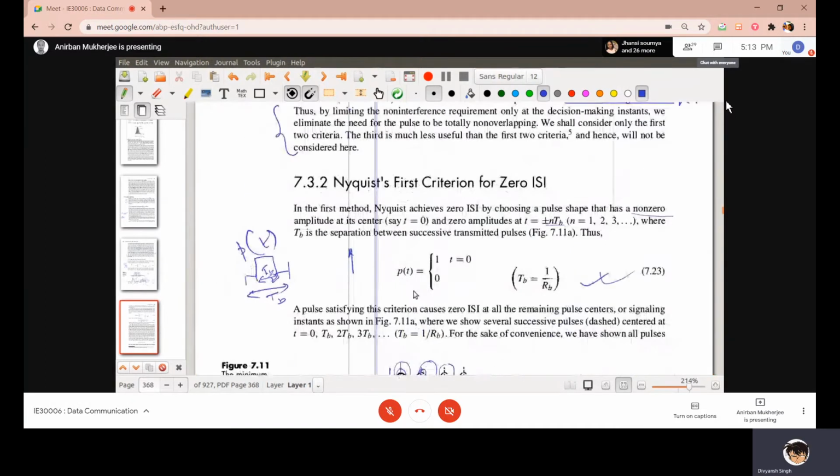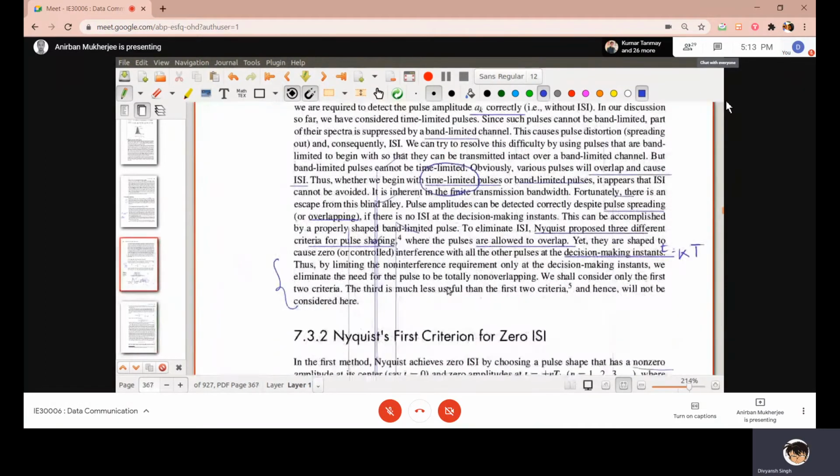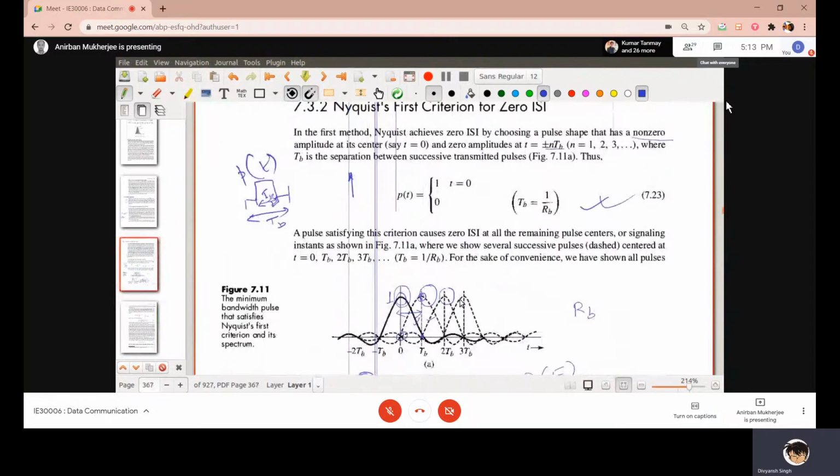That means it satisfies a pulse like this. That means it is 1 at t equal to 0 and 0 at t equal to plus minus n TB.